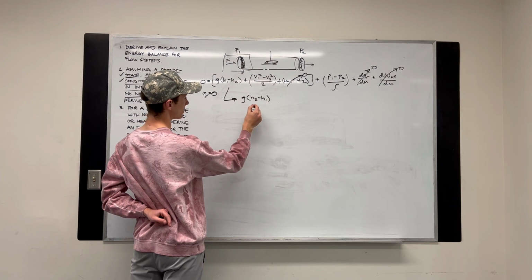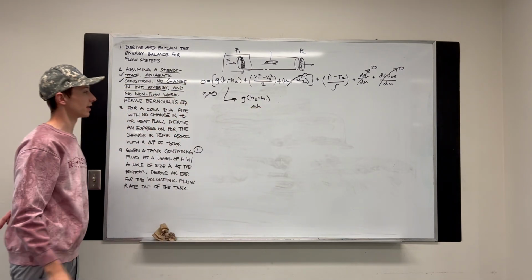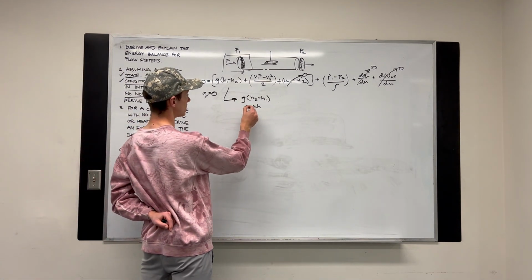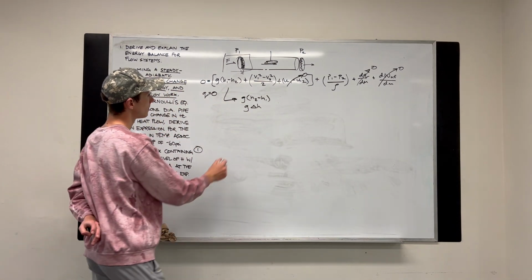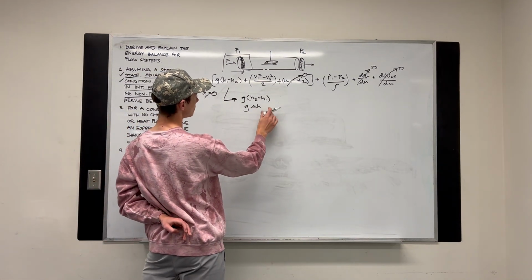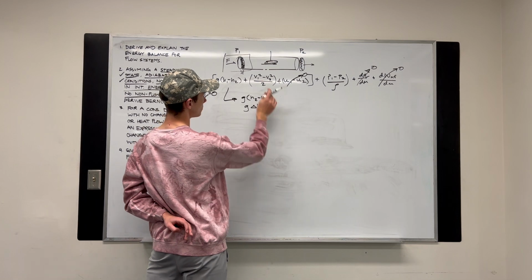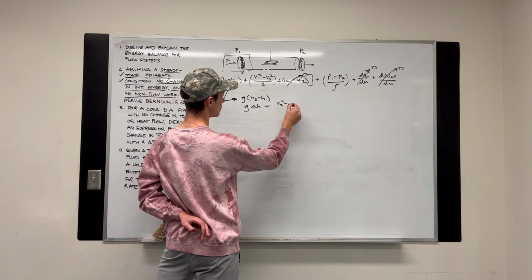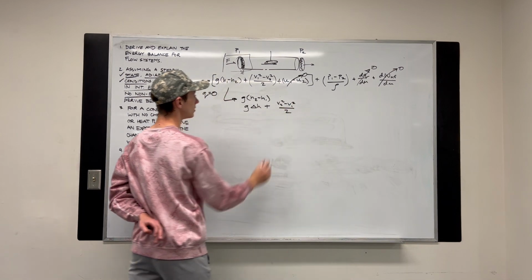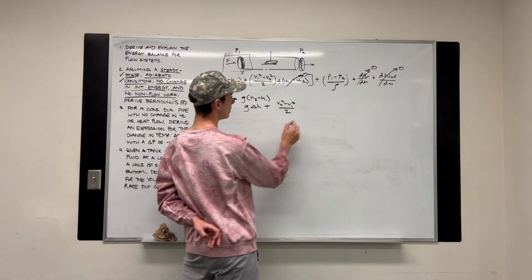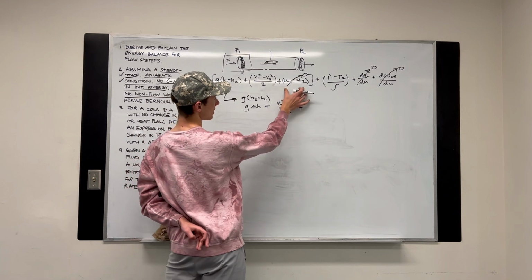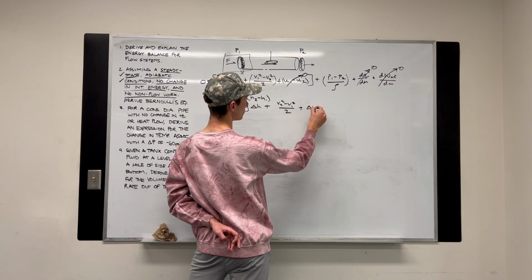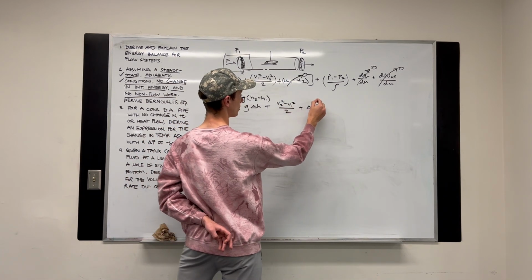That effectively is delta H, or what we think of as delta H. So we have g delta H plus, changing the signs, V2 squared minus V1 squared over 2, plus delta U, but we said this is going to 0.